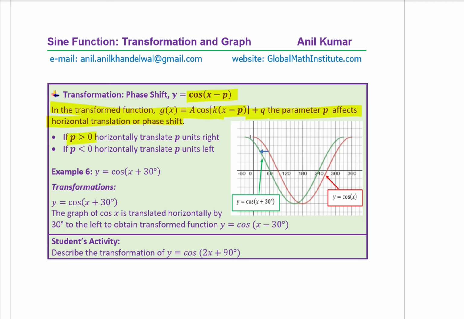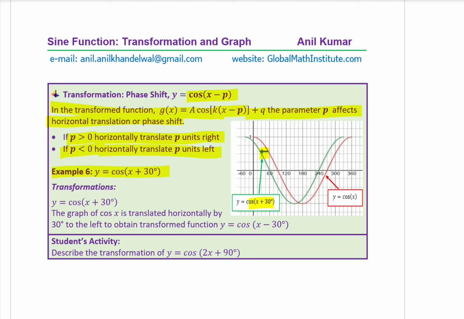If p is greater than 0, then it is translated horizontally p units right. If p is less than 0, then the translation is p units left. Right. So that is how it is. The graph of cos x in this case has been translated left to give you the graph of cos x plus 30 shown in this figure.